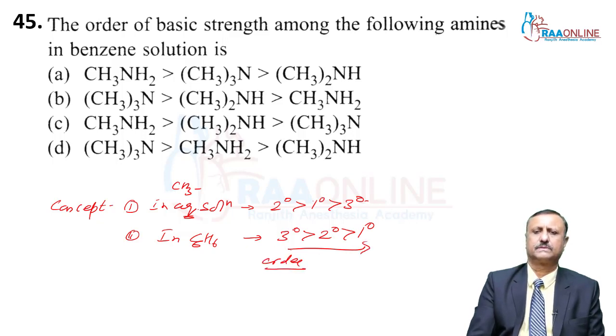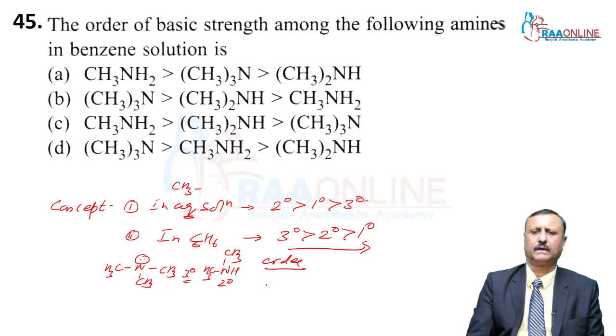So you can see the tertiary amine. What are the tertiary amines? My dear students, here 3 alkyl radicals are attached to the nitrogen atom. This type of amine is called tertiary amine. And what are the secondary? When 2 alkyl groups are attached, it is called secondary amine. And what are the primary amines? When only 1 alkyl group is attached, it is called primary amine, 1 degree amine.